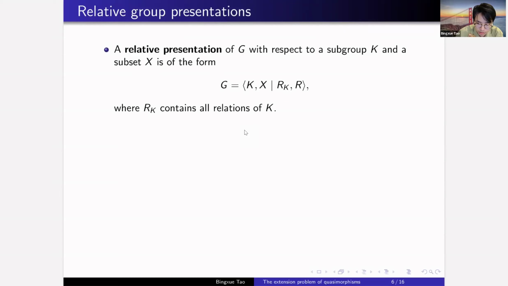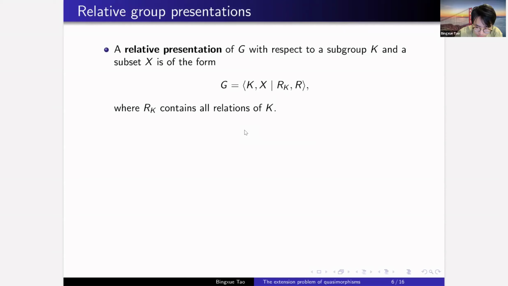The generating set is the union of K and X, and the relations contain all relations of K, and R is the rest of the relations.